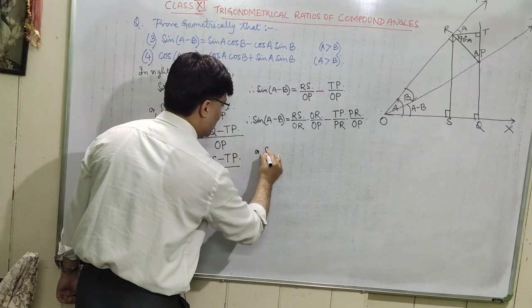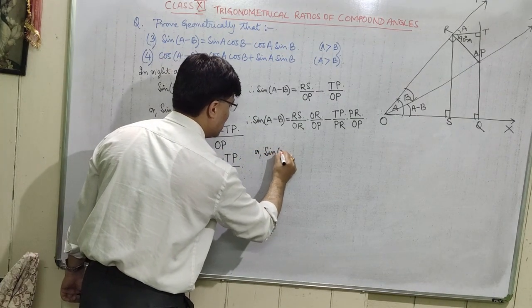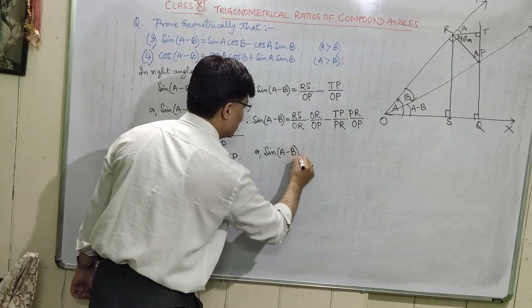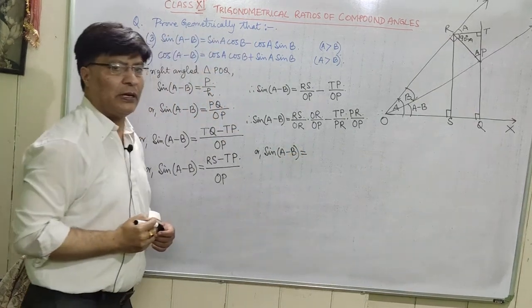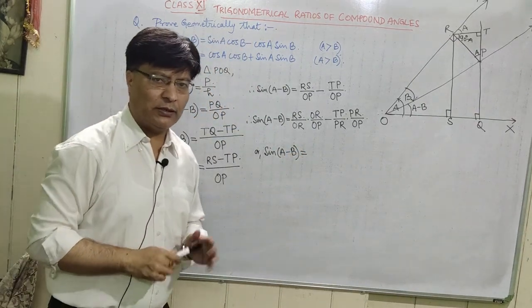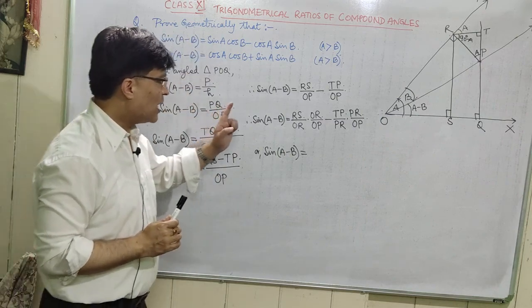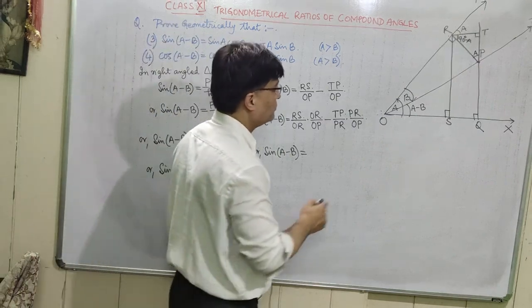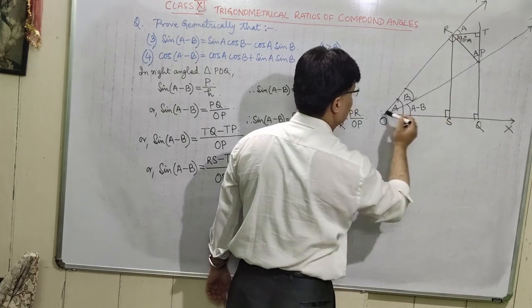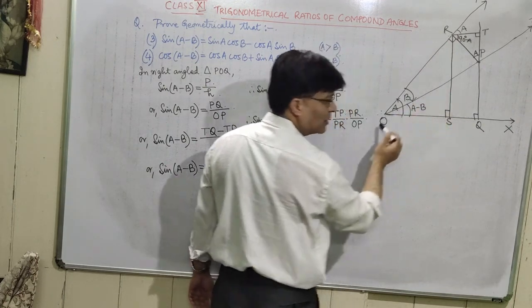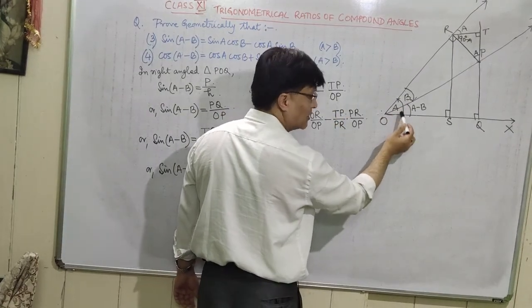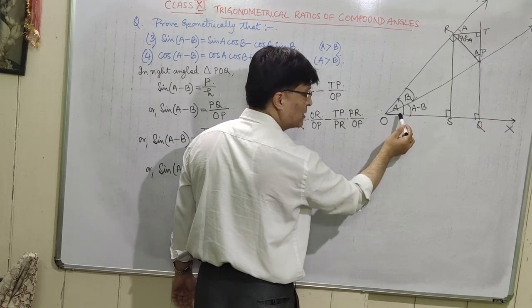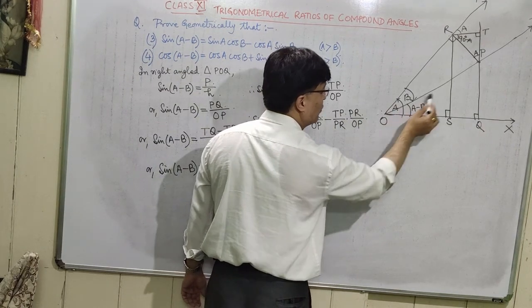So now sine of A minus B is equal to, now looking at the figure, you tell me what is RS upon OR. This is RS divided by OR. Here angle A is considered. If angle A is considered, the side opposite to the angle A will be the perpendicular.